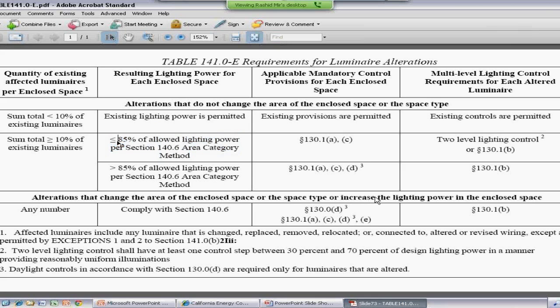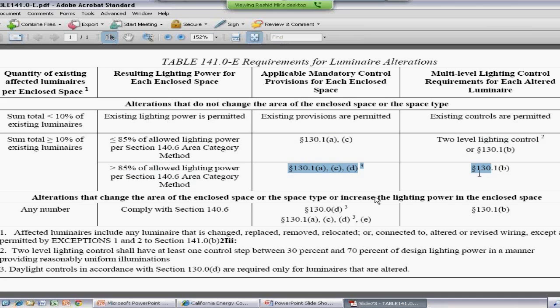And so essentially, if the resulting watts per square foot is 85% or less than what's allowed in 140.6, you essentially have to meet the mandatory requirements for multi-level lighting controls and the area shutoff controls. If the resulting watts per square foot is greater than 85% of what's allowed, then essentially you have to meet those same requirements plus the daylighting requirements if applicable.